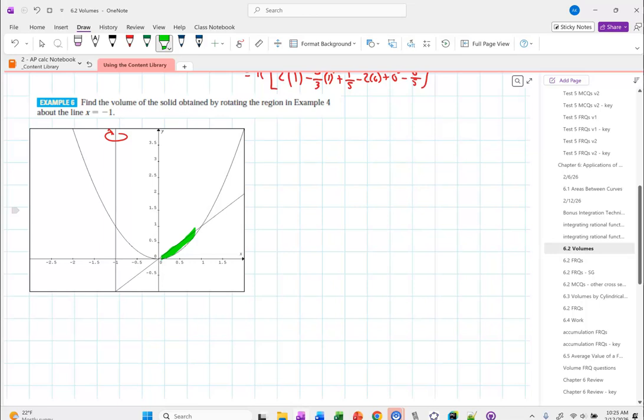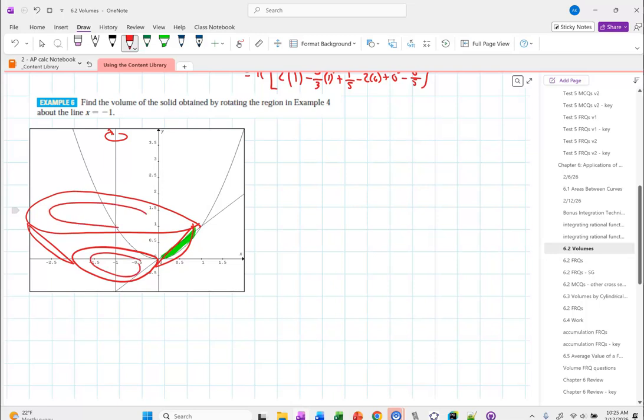Visualize what this is going to look like in your head. Something like that, right? Basically the same shape, just tilted or pointing in a different direction.